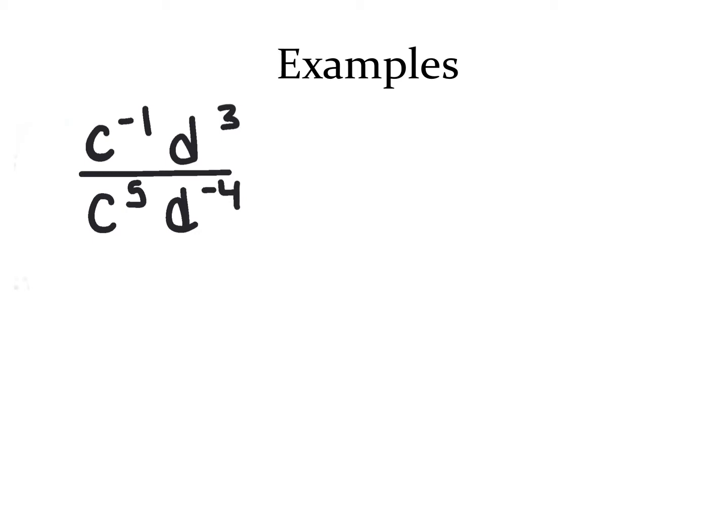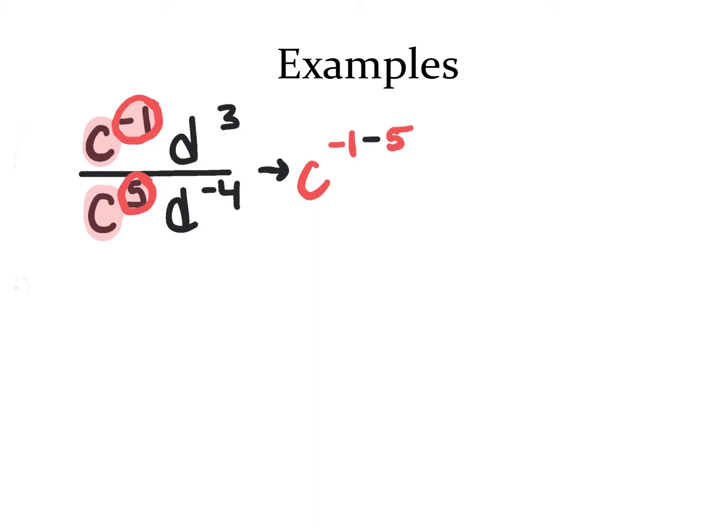Now in the next example, I have to deal with multiple variables. We can see that I first have a c term in the numerator and denominator, and my exponents are negative 1 and 5. So I'm going to rewrite this with the c terms, and I start with the numerator exponent of negative 1 minus the denominator's exponent of 5.